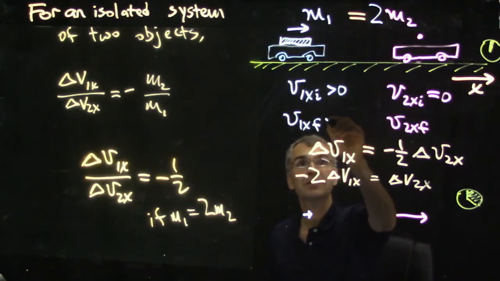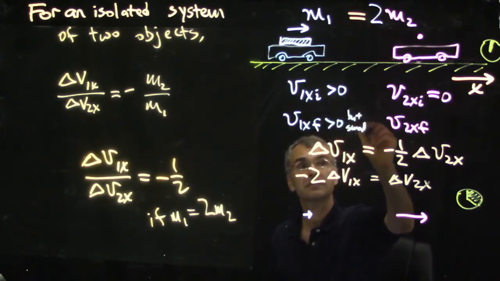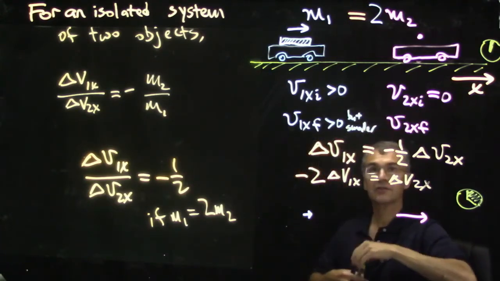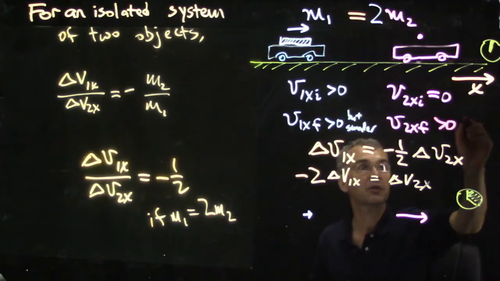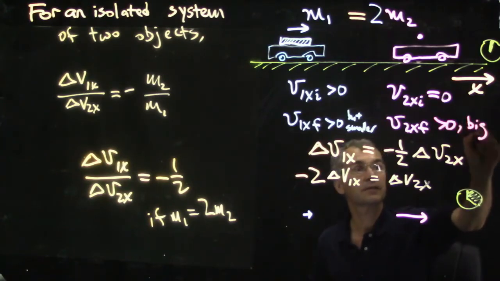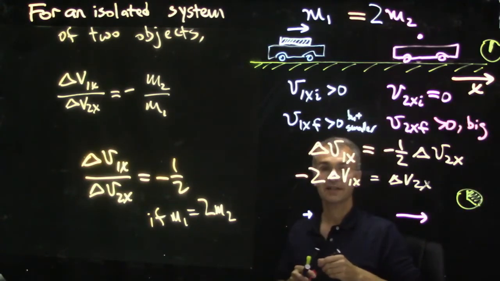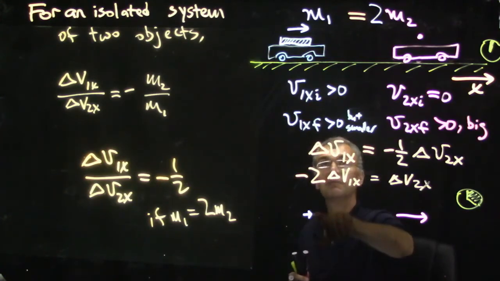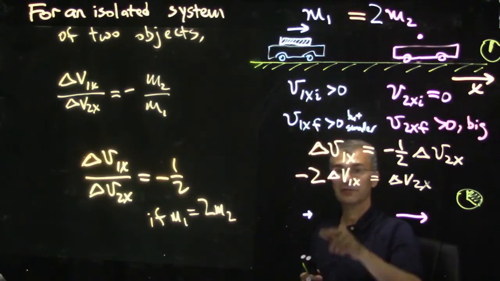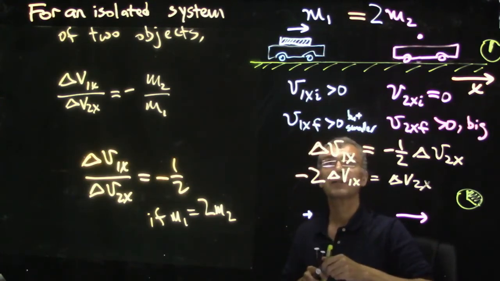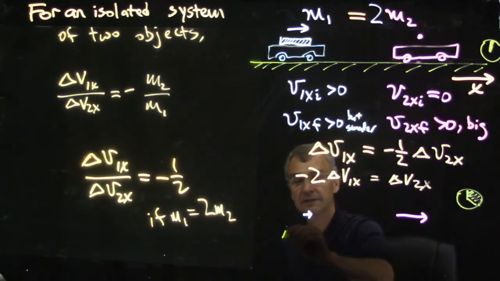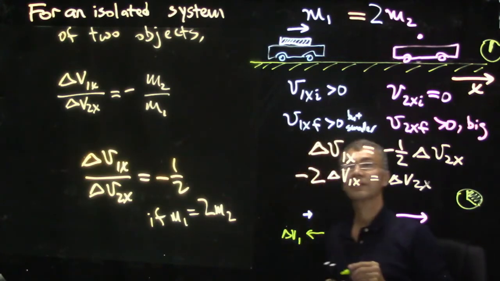Okay. So then afterward, we're going to have V1x final is greater than 0 but smaller. And we're going to have delta V2x is bigger than 0 and it's pretty big. So if you take this arrow minus this arrow, right, so this is final, here's initial, then delta V1 points this way.